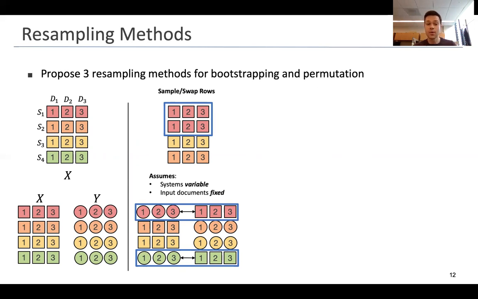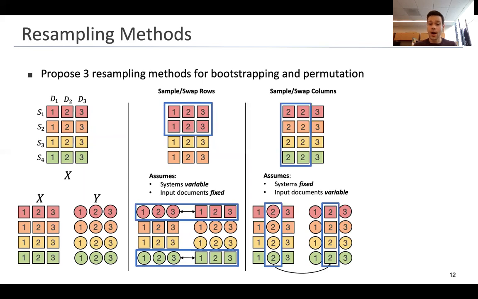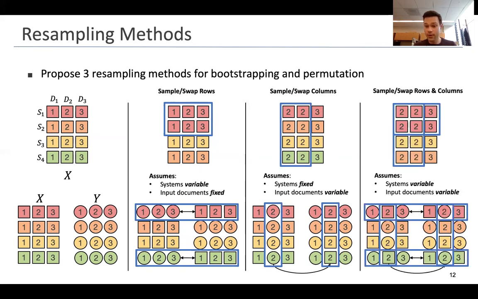For permutation, this corresponds to randomly permuting the scores on the rows between X and Y. If we make the opposite assumption, that the systems are fixed but there's randomness in the input documents, this corresponds to randomly sampling columns in X for bootstrapping, or randomly permuting the columns between X and Y. And then finally, we can assume that there's randomness in both the systems and input documents, which corresponds to sampling both rows and columns, or swapping both rows and columns in X and Y.